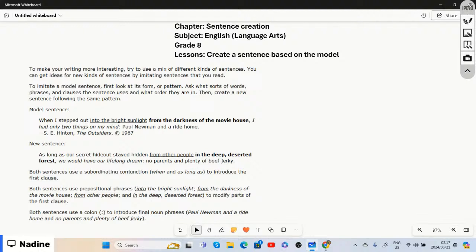So remember earlier, when we started the lesson, we made mention of writing or creating new sentences, and I mentioned that when we try to write sentences, we need to make our sentences more interesting. So we need to make our writing more interesting. And I also mentioned that you need to use punctuation marks.